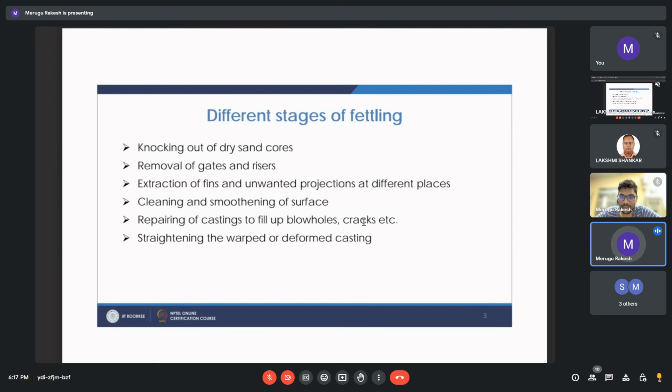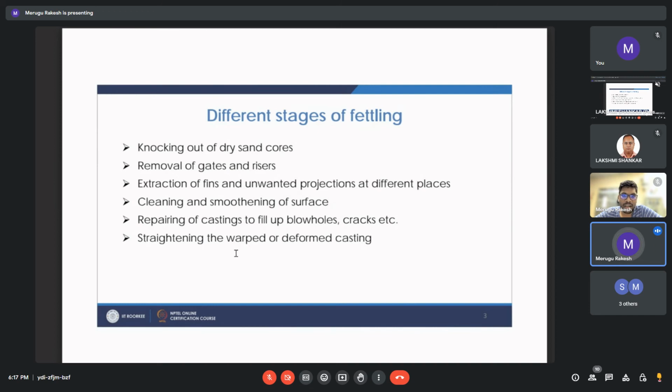If it is not detrimental, we can just weld it and grind off the surface. Then if there are any blowholes, we can impregnate them with some type of resin in order to fill the hole. We have to proceed with this repairing only if it is not much of a detriment to the structure of the casting product.